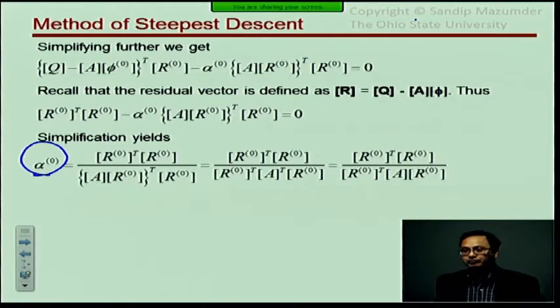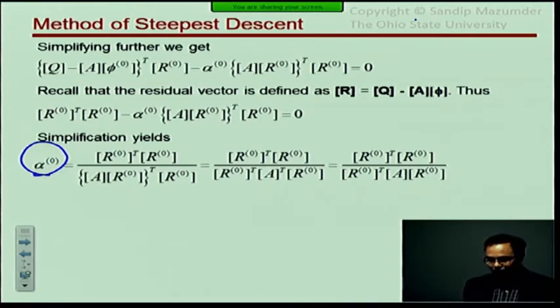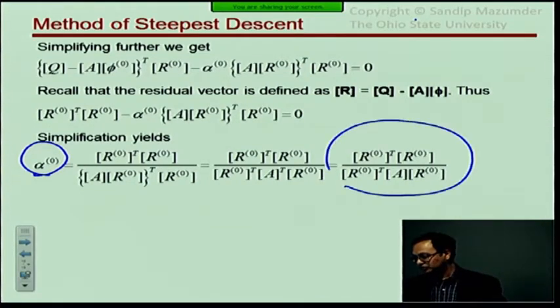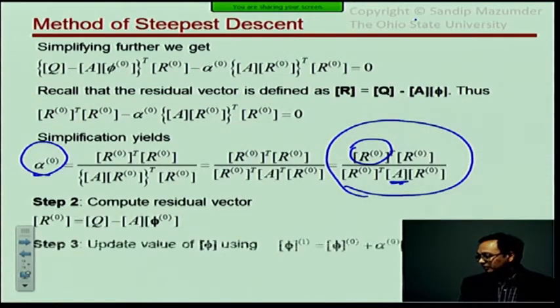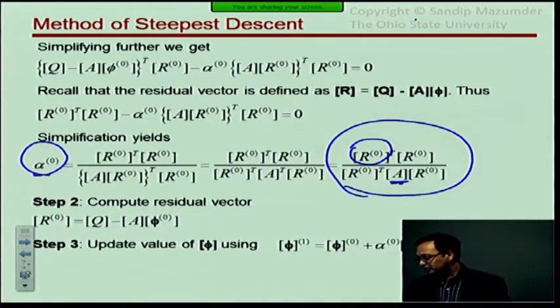That alpha tells me, from a starting position, how much distance I should go before I stop and change my direction. It's computed using this relationship. r0 is your initial residual calculated with your initial guess. A is a matrix that you know, so you can calculate everything in there. I'll explain the algorithm to you in a moment, and you'll see what really goes on. So you have your alpha, and once you have your alpha, you update your solution from the old guess.